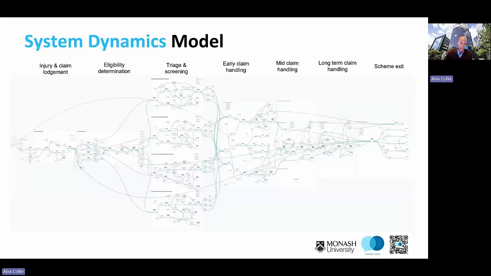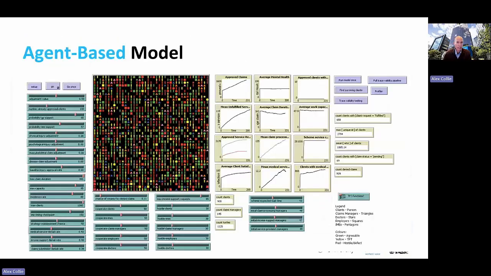And so we have built this based on all that data and understanding and knowledge of how a workers' comp system operates, and that's what it looks like in a static form. The agent-based model we built, here's a visual of it, and the colourful bit in the middle is actually a visual of the model running, and you can see little people represented there and other shapes.